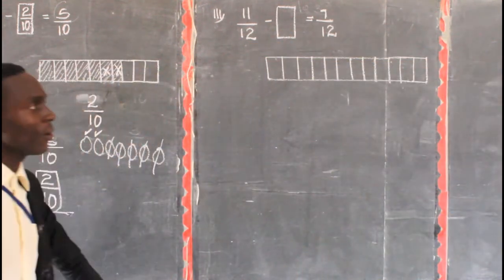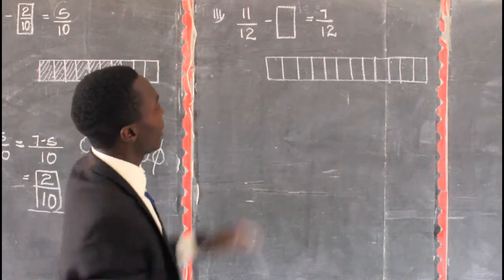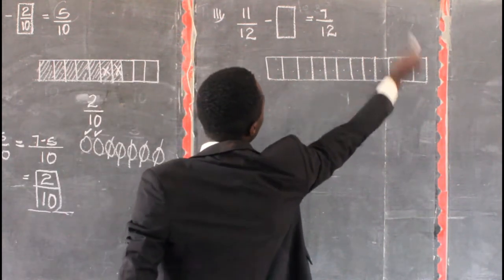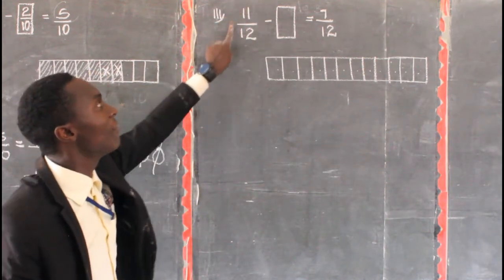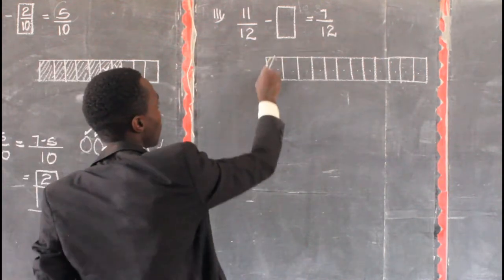Make sure you draw those parts properly and make sure that they are equal. Here, they are 12. Let's count: 1, 2, 3, 4, 5, 6, 7, 8, 9, 10, 11, 12. They are 12 parts. Make sure that you shade 11 out of 12 because that's what the fraction is telling us. Shade 11 out of 12.